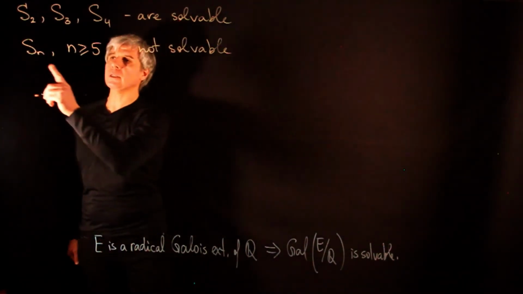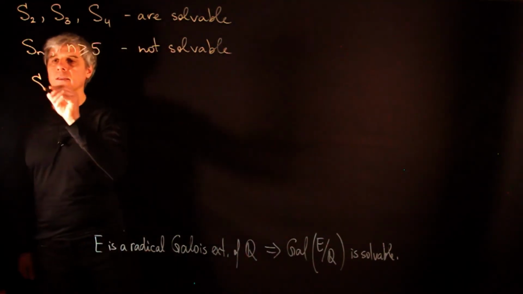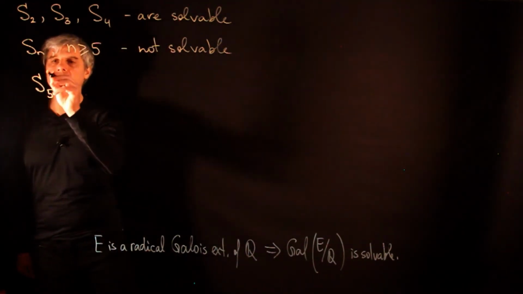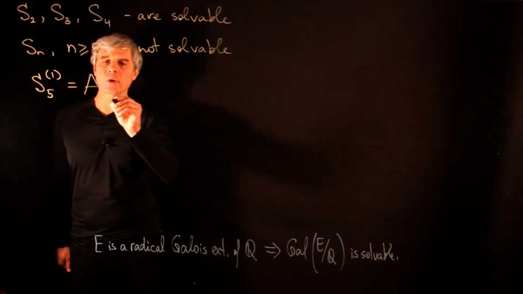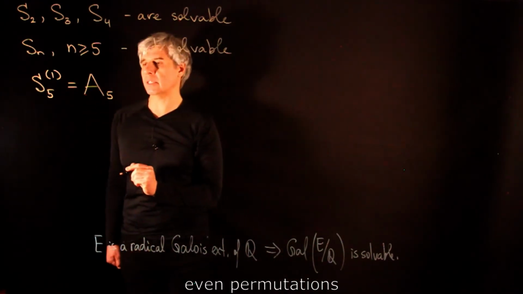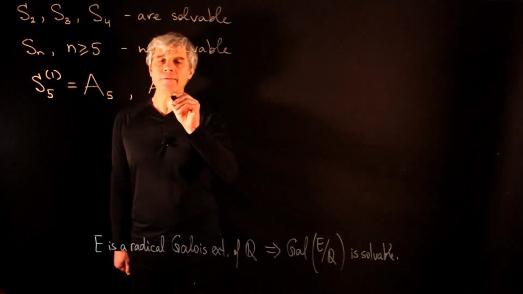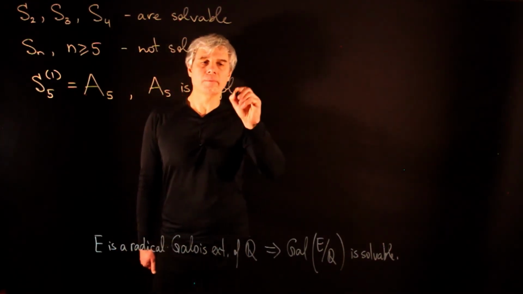So the first symmetric group that's not solvable is S5. And indeed, if we take S5 and take its commutator subgroup, then the result will be A5, the alternating group, so the even permutations on 5 letters. But the group A5 is simple and non-abelian.